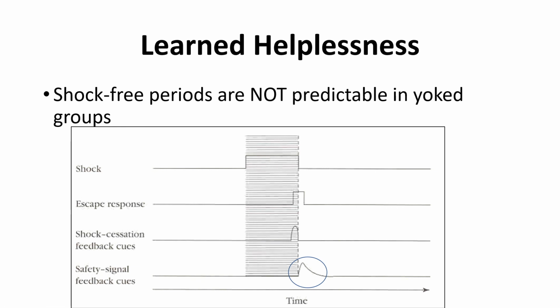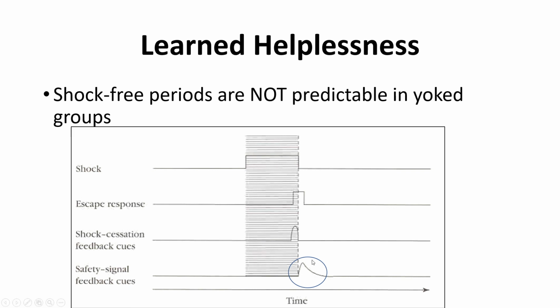Now, these safety signal cues can act as conditioned inhibitors of fear. There's an absence of shock here, so they feel safe, they can relax. However, in our Y group, our yoked group, they don't have any ability to predict the shock, and they don't have any ability specifically to predict the end of the shock.